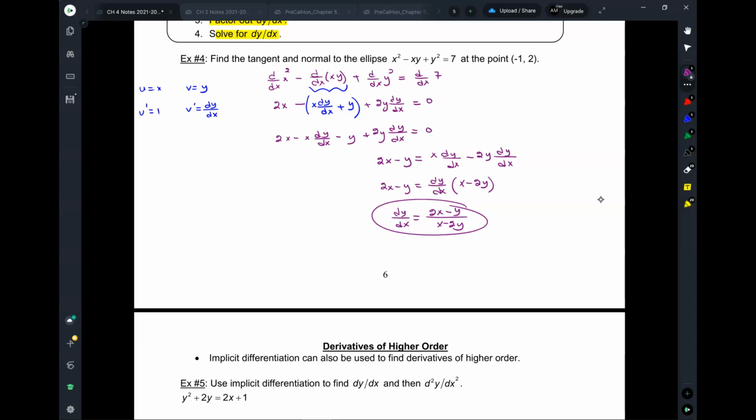Okay? How does that sound? Okay. I want the tangent and the normal at this point. So I need a slope and a point. Well, I have a point. Now I need a slope. That's my expression of the slope. So what we're going to do is evaluate dy dx at negative 1, 2.